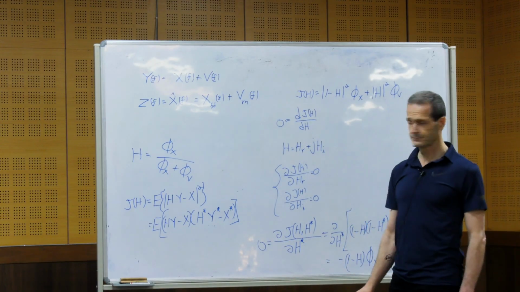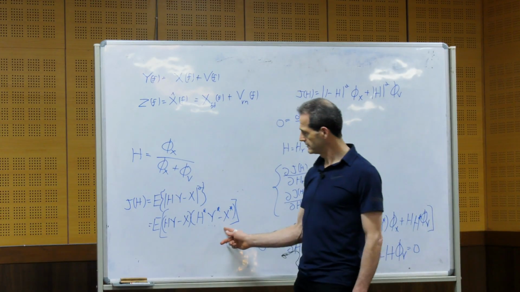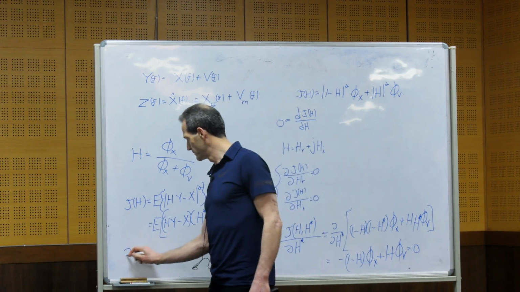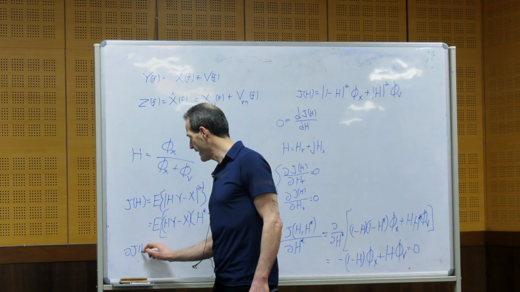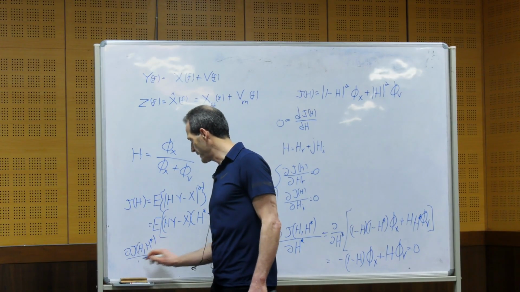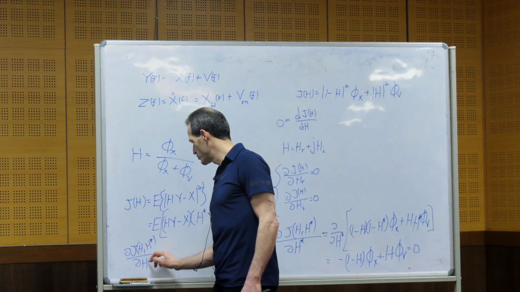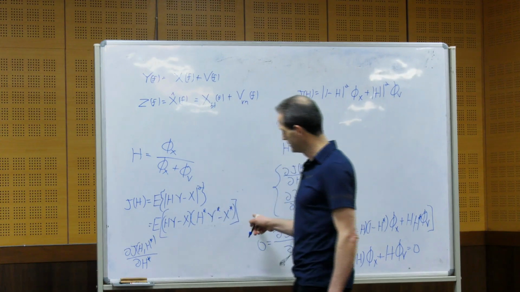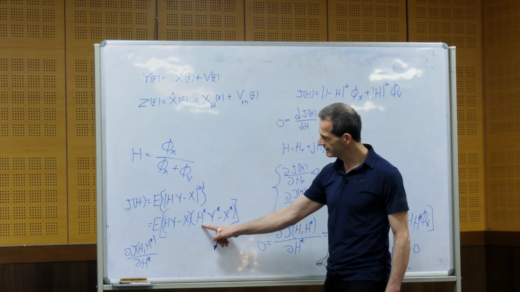If I take the derivative of J(h, h complex conjugate) with respect to h complex conjugate, we have it only here.